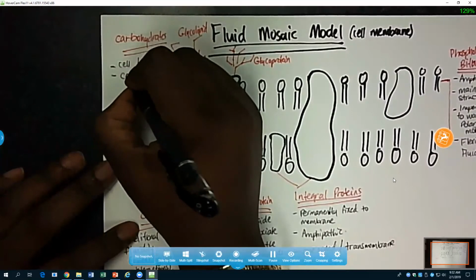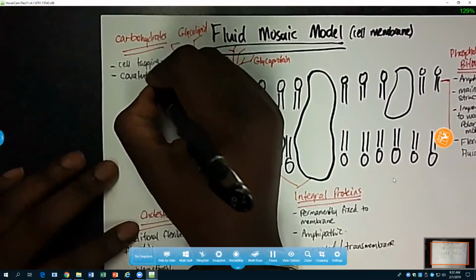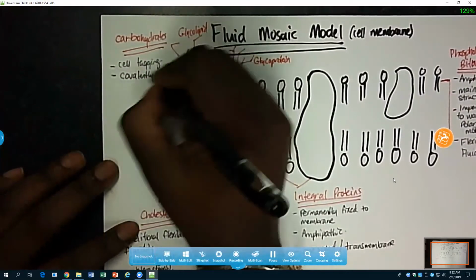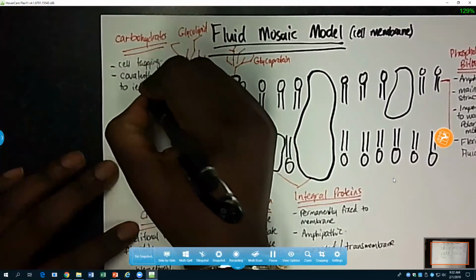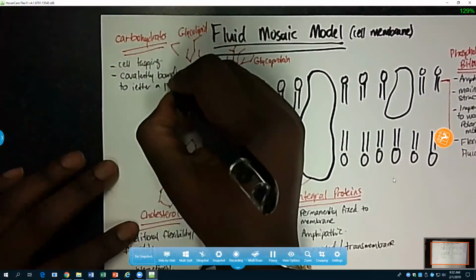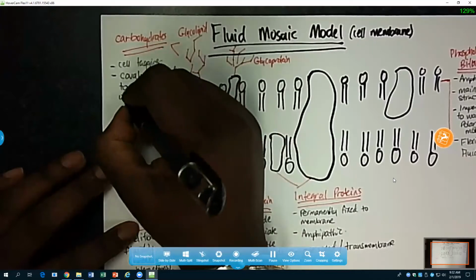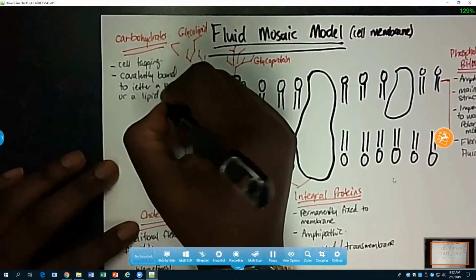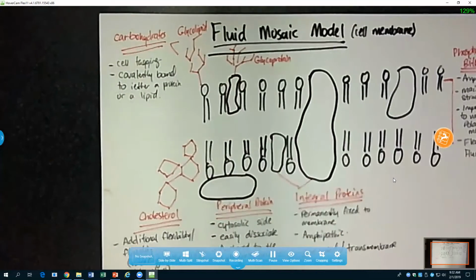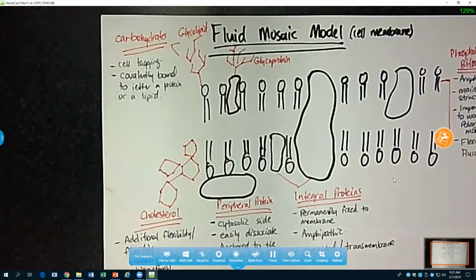And then they are covalently bound to either the protein or a lipid. So there's a covalent bond between that carbohydrate and either a protein, making it a glycoprotein, or a lipid, making it a glycolipid. Okay.